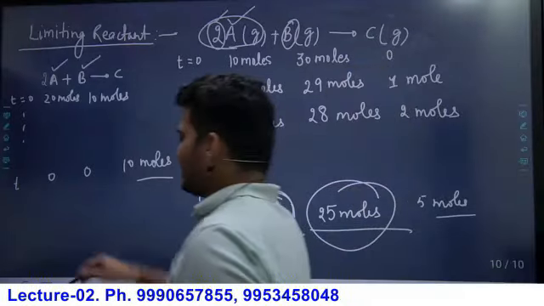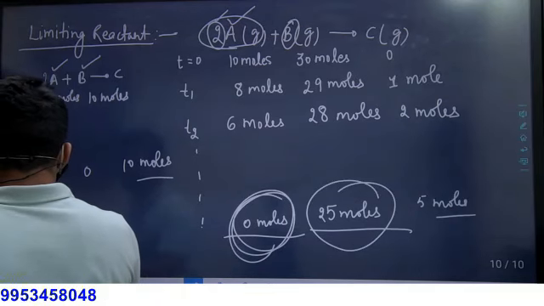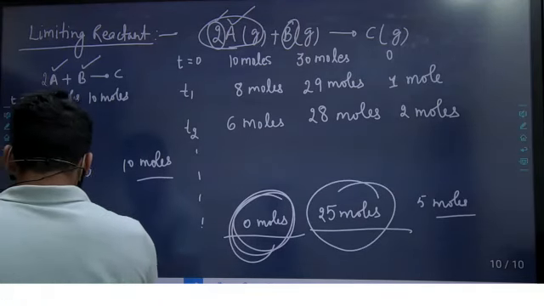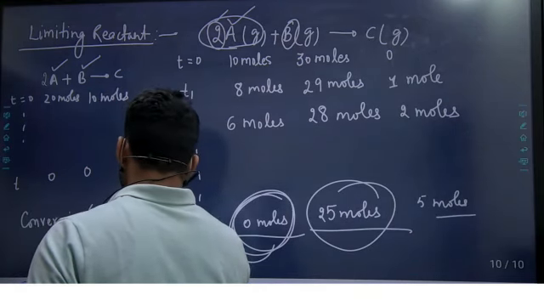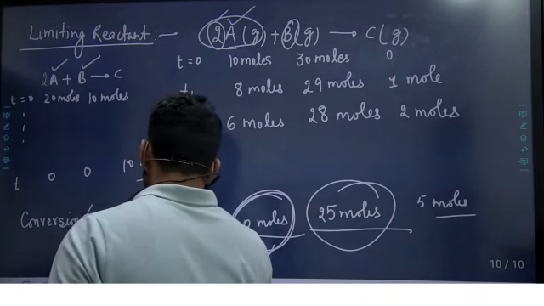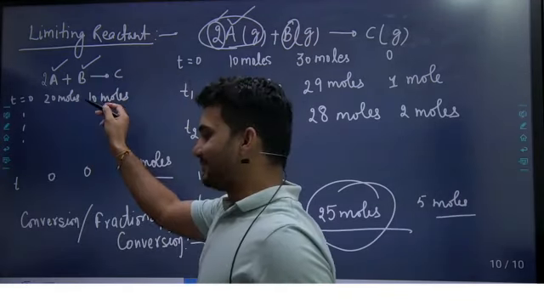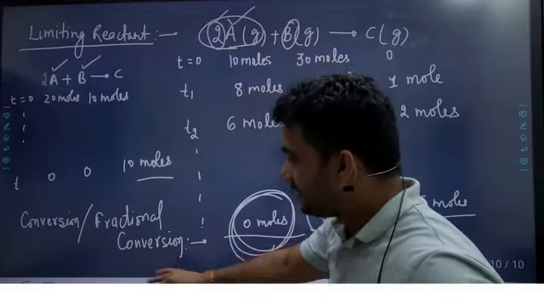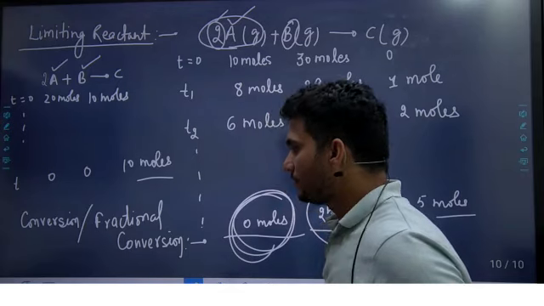Now, this term I will discuss later, all about the conversion or fractional conversion. So that is defined for which reactant? Fractional conversion, this is defined for which reactant? Bolo. So just correct it, that is B is 10 moles. Okay. Now tell me which reactant conversion is defined for.